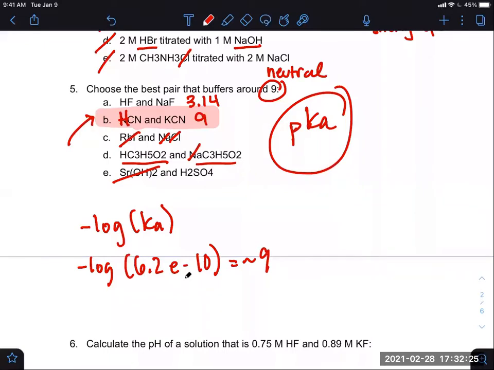HC3. Okay, well, you understand the point, hopefully. I might have made a typo on that one, but anyway, regardless.